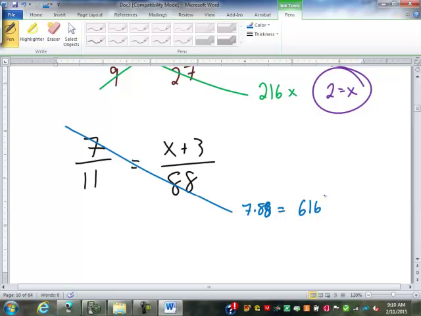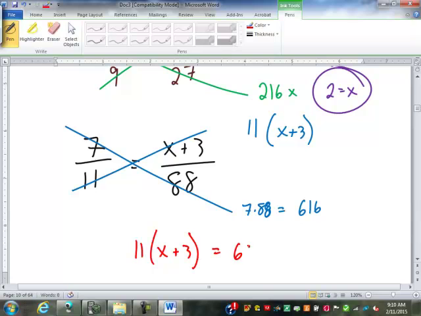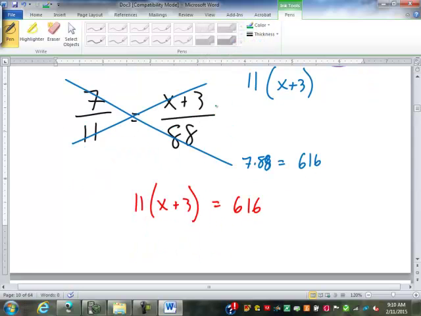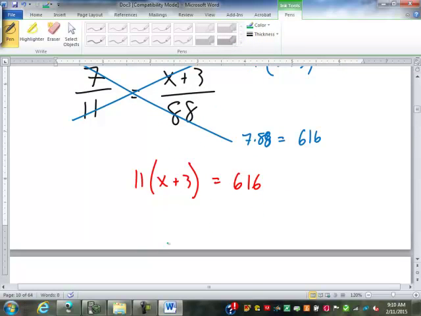You guys have the calculators, not me. Then we have 11 times x plus 3. So 11 times (x plus 3) goes in parentheses there. So now 11 times (x plus 3) equals 616.